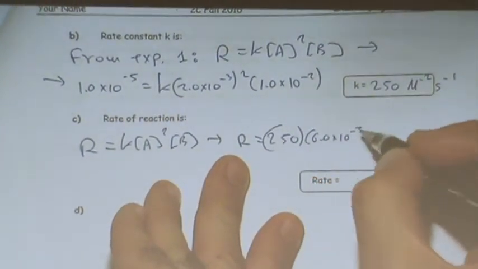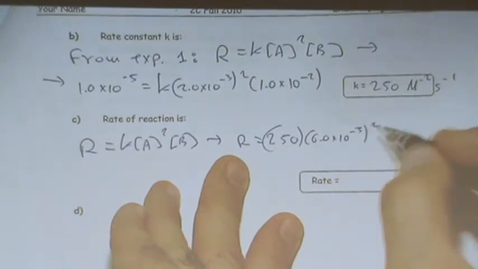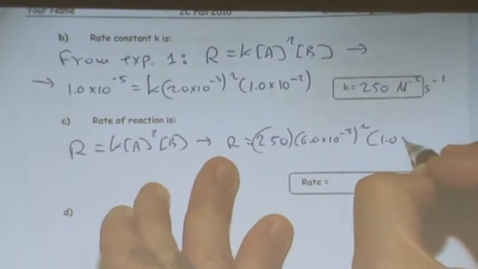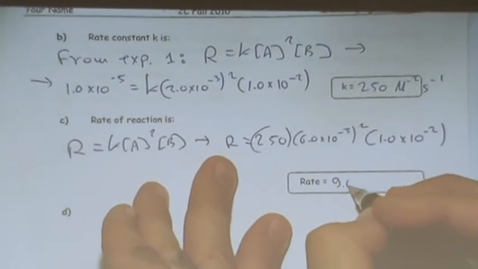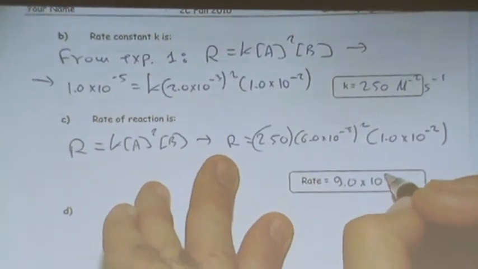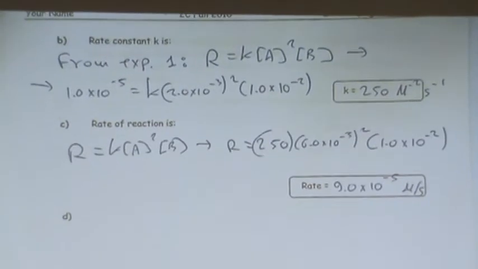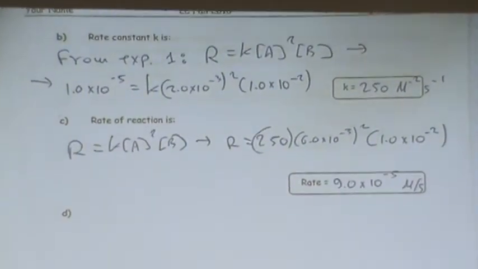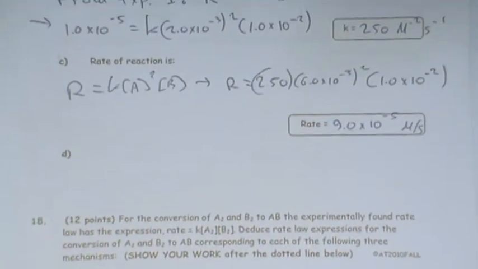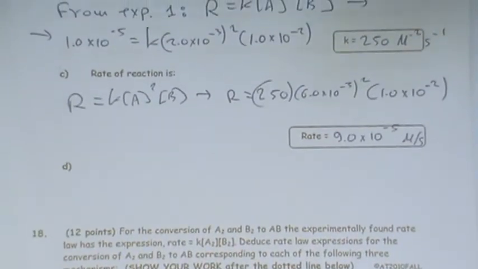If you want to use units, you can do it. And you should find the rate to be 9.0 times 10 to the minus 5 molarity per second. And then we have a fourth question to answer.